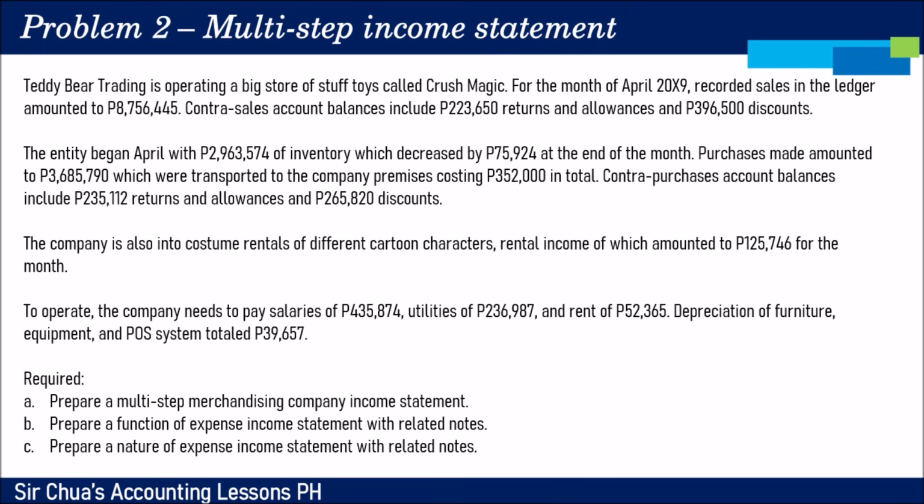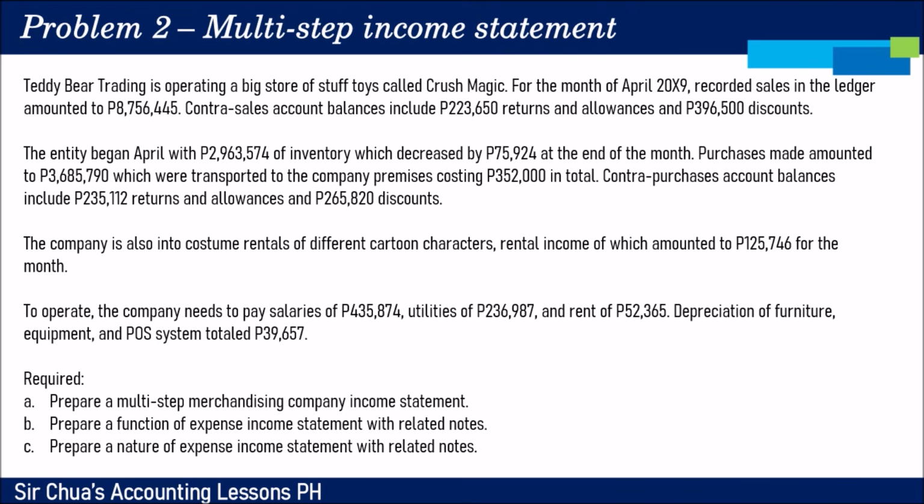Purchases made amounted to 3,685,790, which were transported to the company premises, costing 352,000 in total. Contra purchases account balances include 235,112 returns and allowances and 265,820 for discounts. The company is also into costume rentals of different cartoon characters, rental income of which amounted to 125,746 for the month.